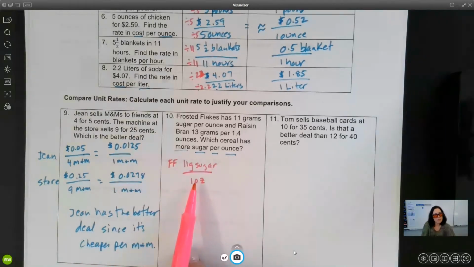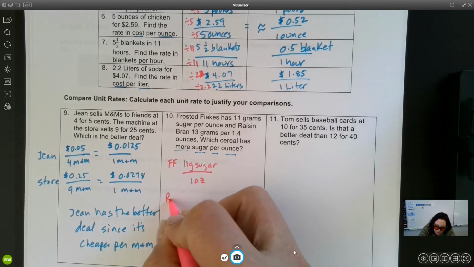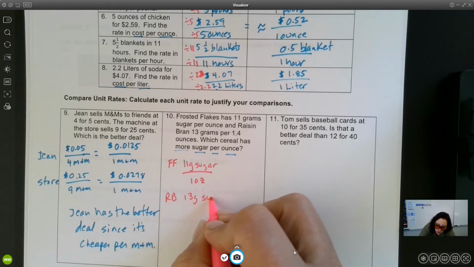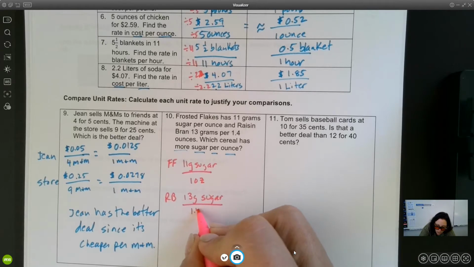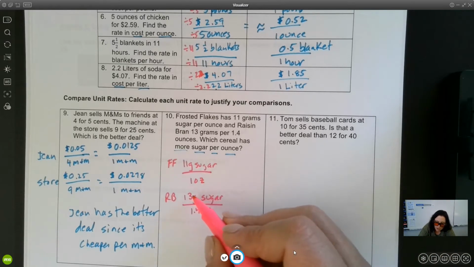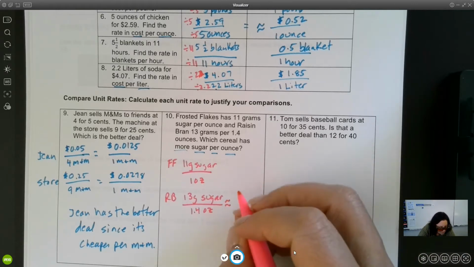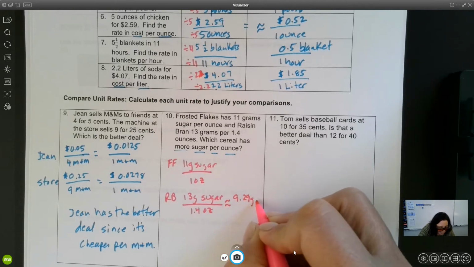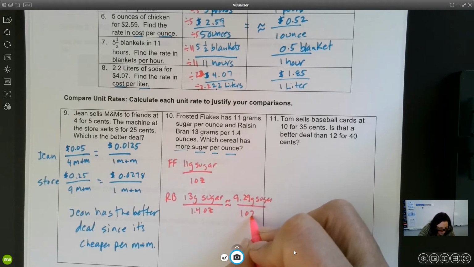Frosted Flakes, they gave me the unit rate. Now for Raisin Bran, we need to do a small calculation. 13 grams of sugar over 1.4 ounces. If you divide 13 by 1.4, you get roughly, and I'm estimating because this was an ugly number in my calculator, 9.29 grams of sugar for 1 ounce.